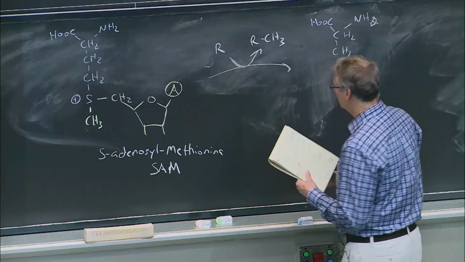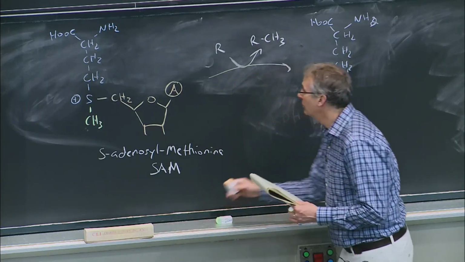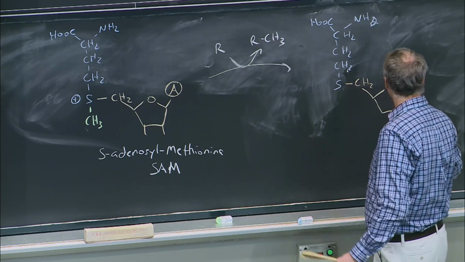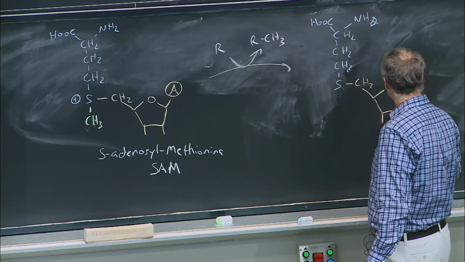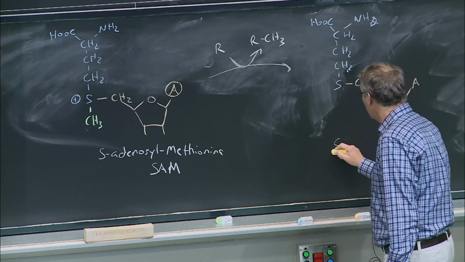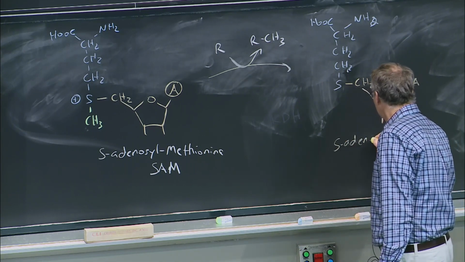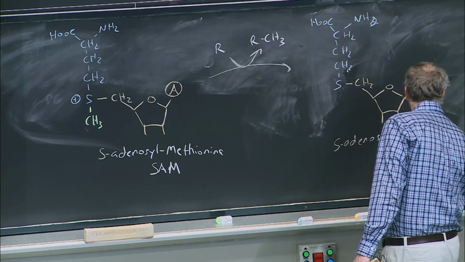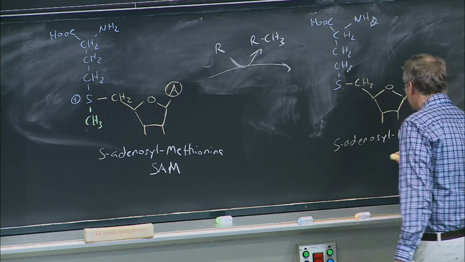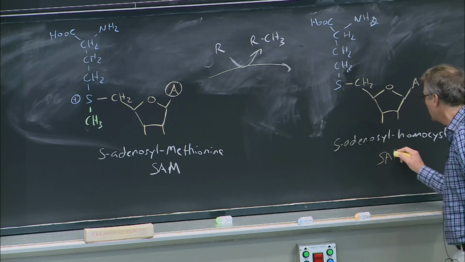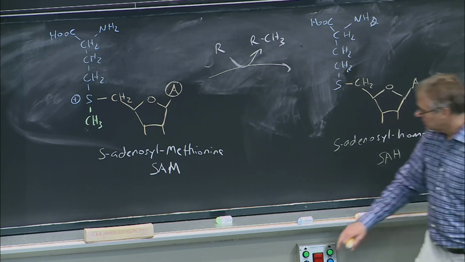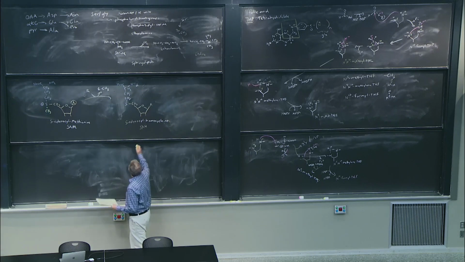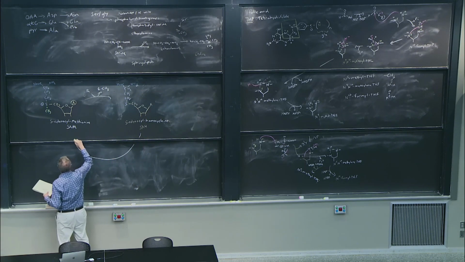That's called homocysteine, and that homocysteine is here onto an adenine to make S-adenosyl homocysteine, which is abbreviated SAH. SAH needs to regenerate SAM.